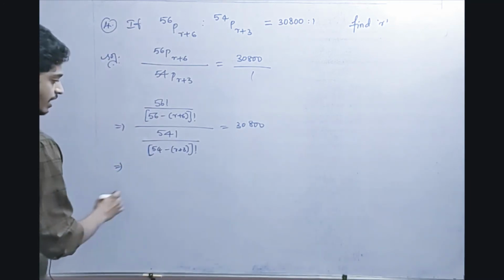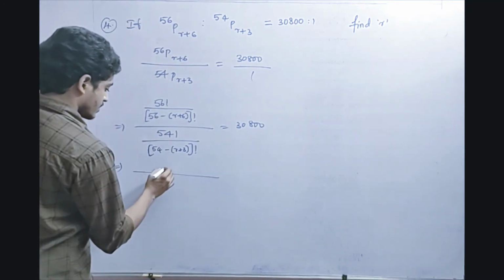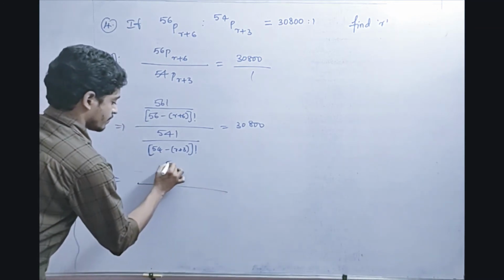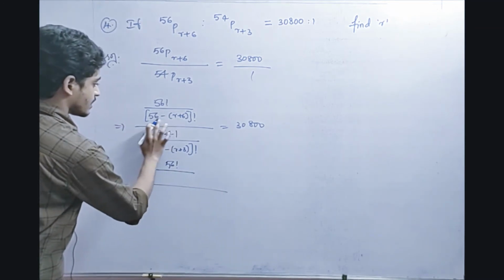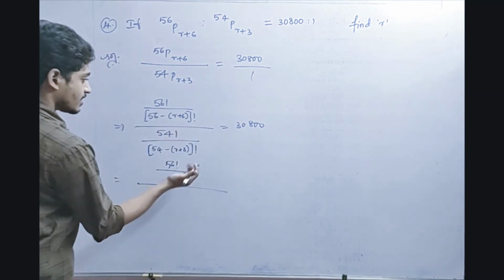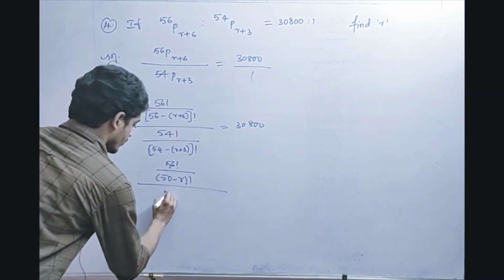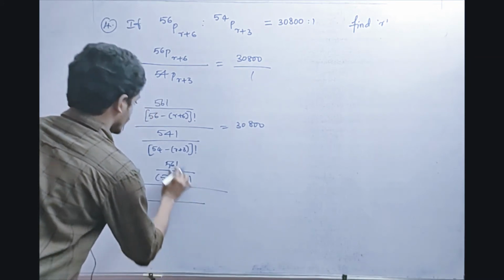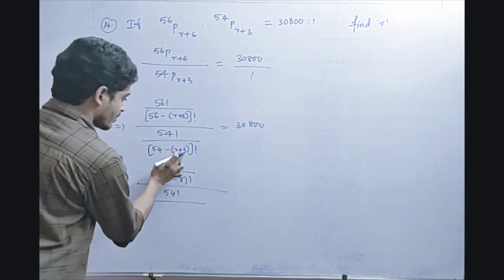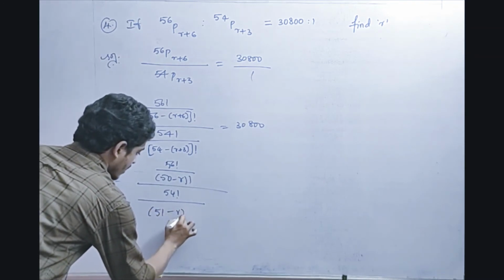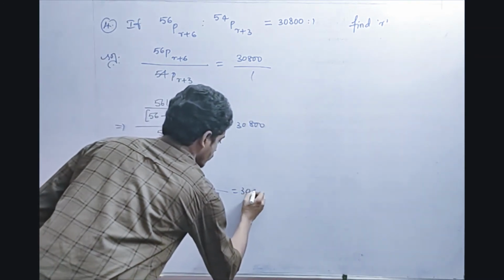So how can I write this? See friends, 56 factorial by, this is nothing but 56 minus R minus 6, that is 50 minus R factorial. Here 54 factorial by 54 minus R minus 3, that is nothing but 51 minus R. So 51 minus R factorial is nothing but 30,800.